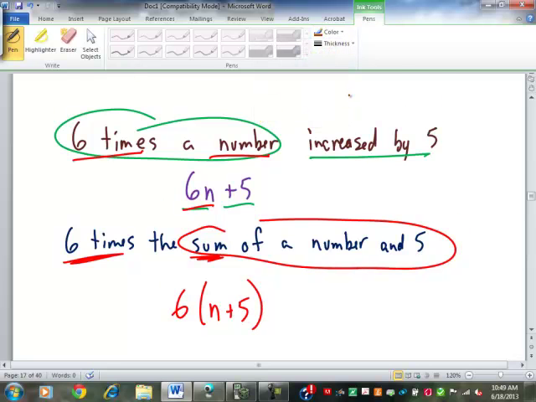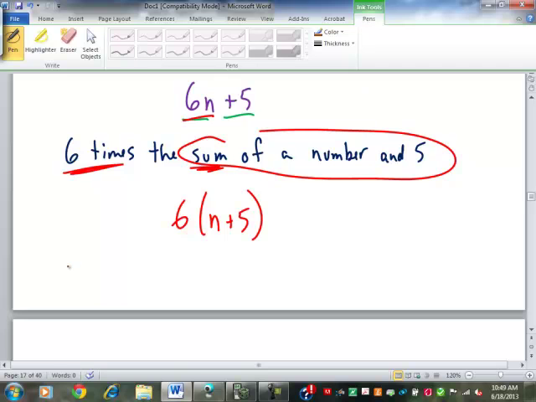Very similar to that, we could have 2 times the quotient, or sorry, not quotient, the difference of a number and 7.